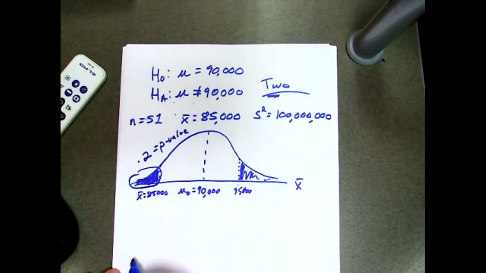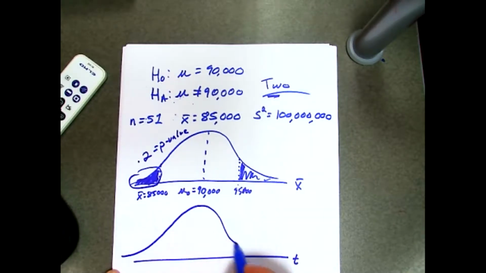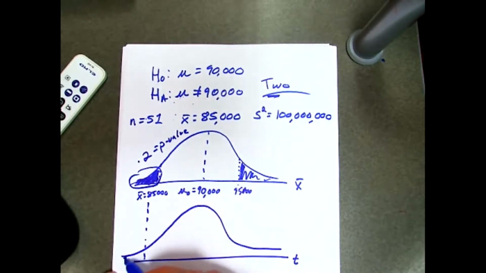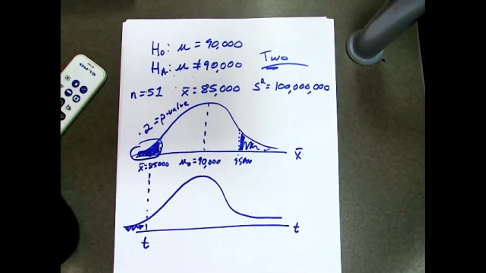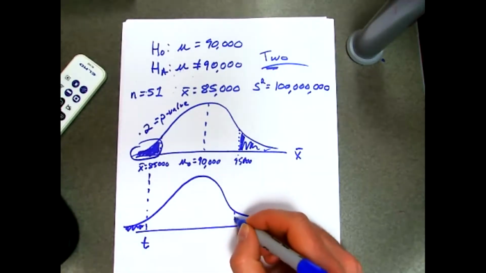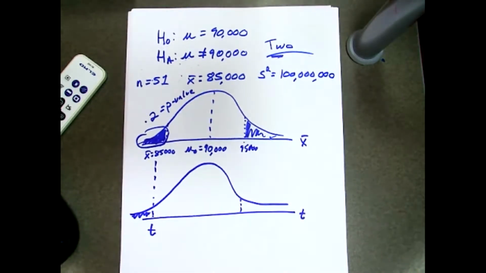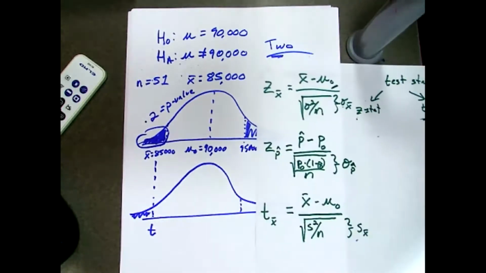So what's the next step? Well, usually we would turn our sample statistic into a z-value, but here I've only got a sample variance, so I have to turn it into a t-value. And then I can think about, I've still got two tails over here. So at this point, it's just going to be a matter of, okay, we've got those test statistic equations that we outlined earlier.